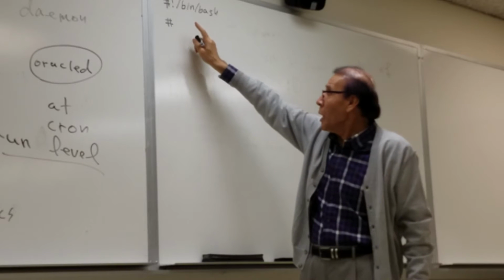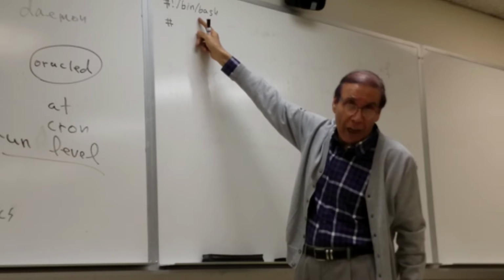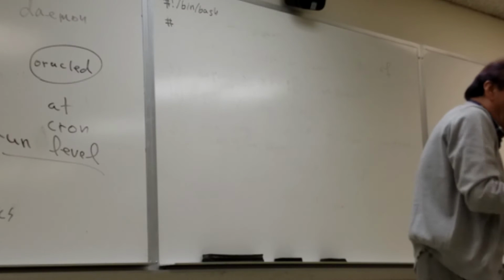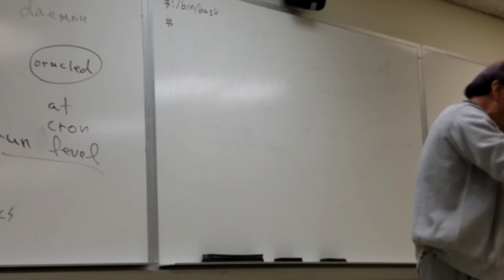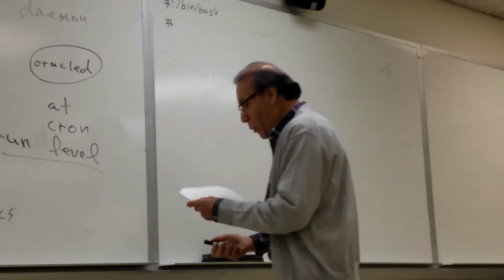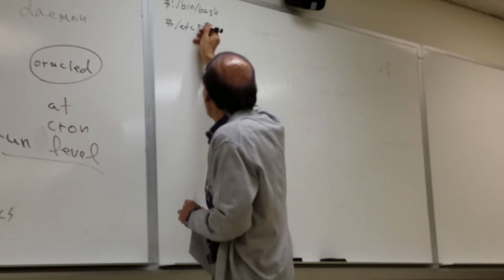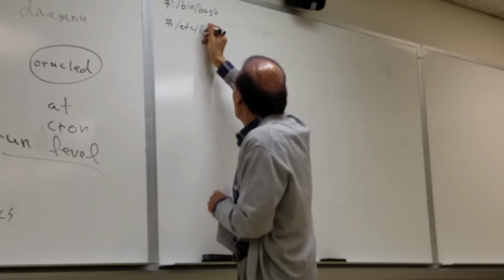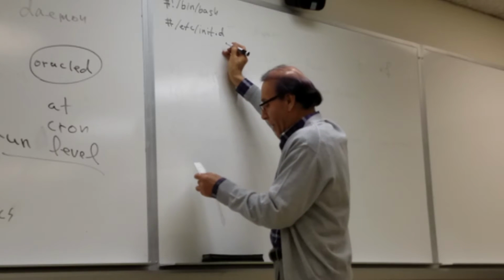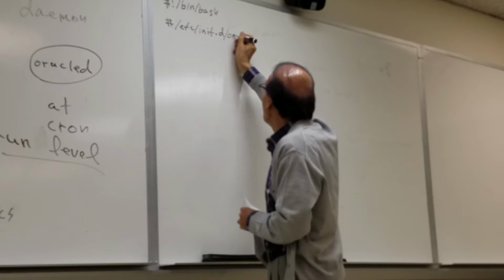We need to put the next line. The first one is what kind of shell there is. The second one is the full path of your script. This is where it is, the name of the script and location of it, okay? So the full path is this. We're going to put it into init.d, and the name of the program, we decided to have Oracle D.